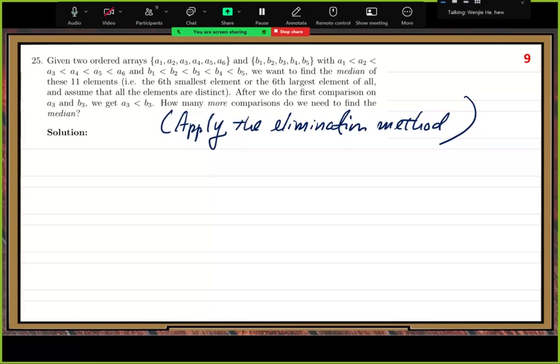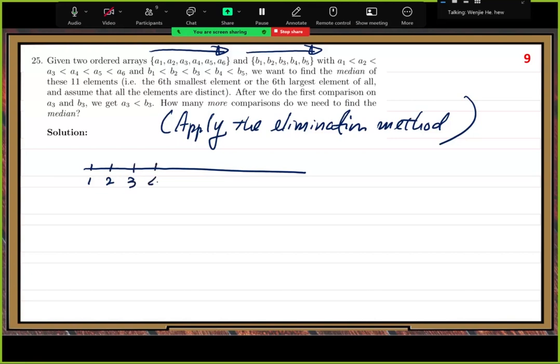So here, two given arrays are ordered arrays. The first is ordered in ascending order, the second is ordered in ascending order, right? So our goal, when we put them together, is to find the median. We look at all 11 elements, and we want to find the median element. We assume they're distinct, all elements distinct. Now you know the median, because you have 11 locations, right?